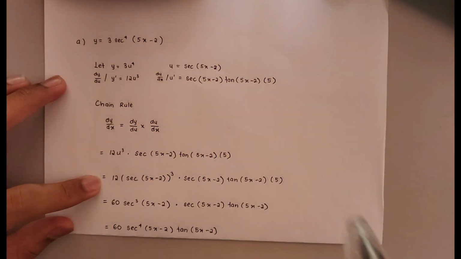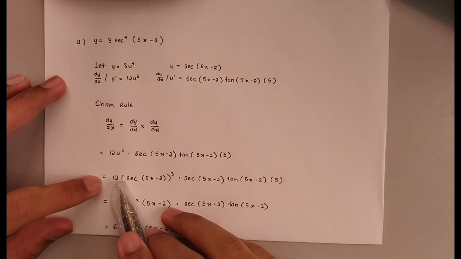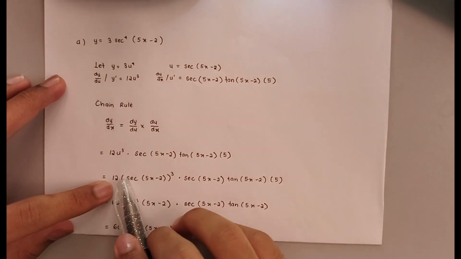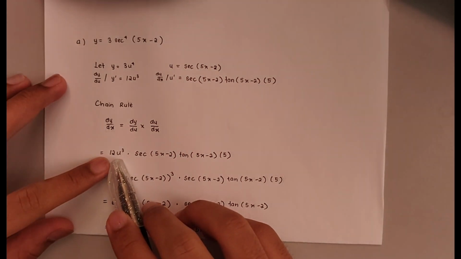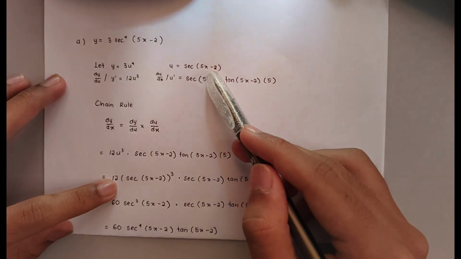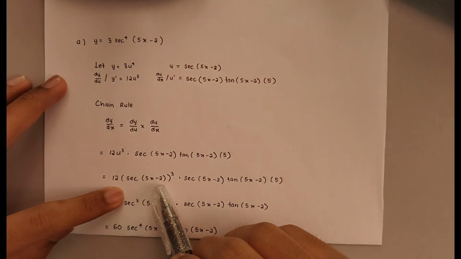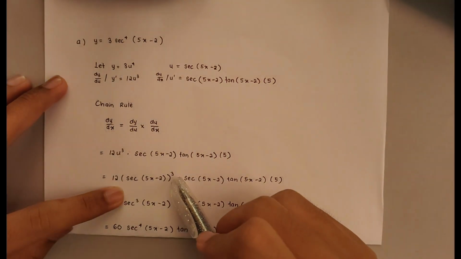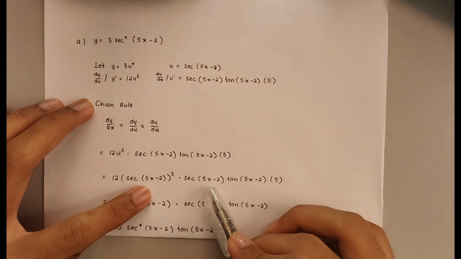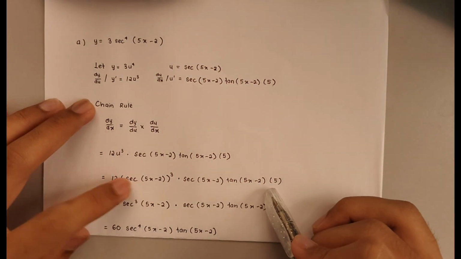So we expand. First we insert the value of u, which is sec(5x minus 2). So we get 12 in the bracket sec(5x minus 2) close bracket to the power of 3, times sec(5x minus 2) times tan(5x minus 2) times 5.